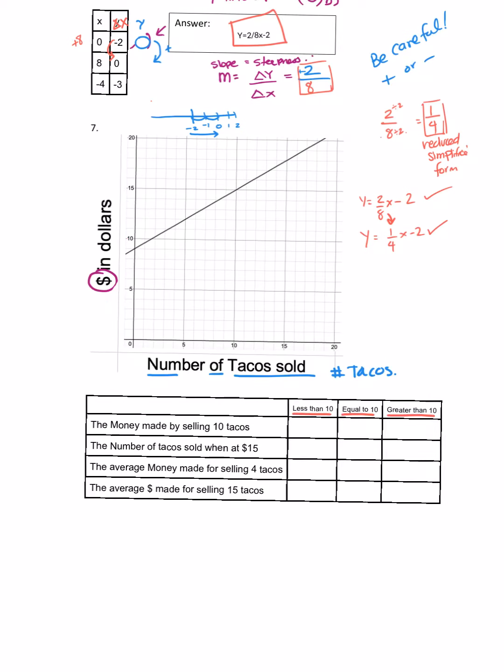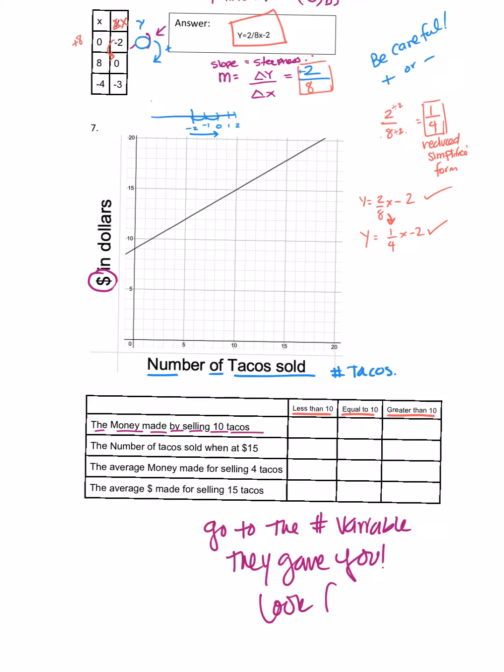So here we go. How do you do this? Let's go see. The money made by selling 10 tacos. How much money did you make? So I want to know how much money did I make when I sold 10 tacos. So you have to go to the number variable they gave you.